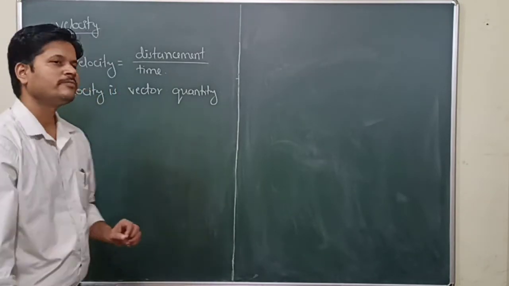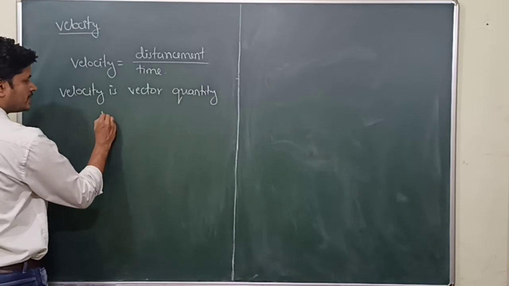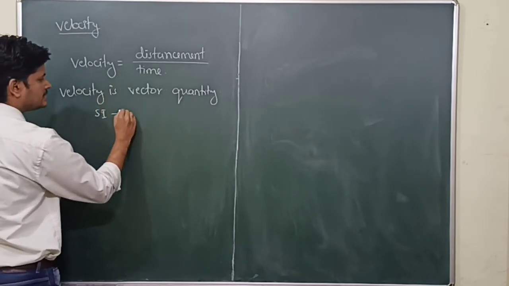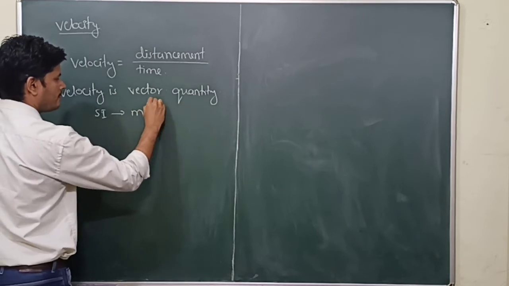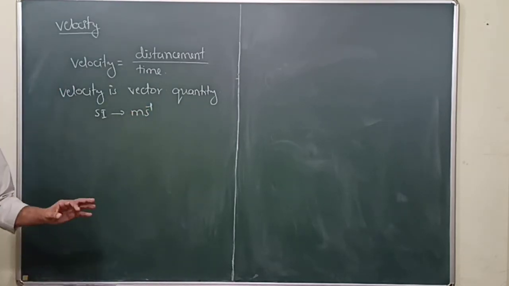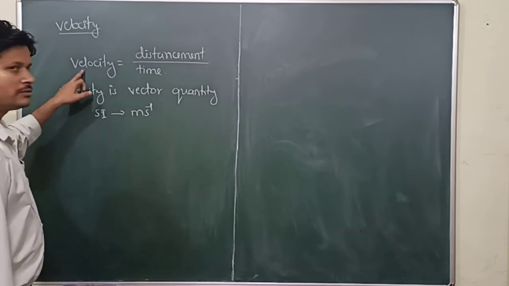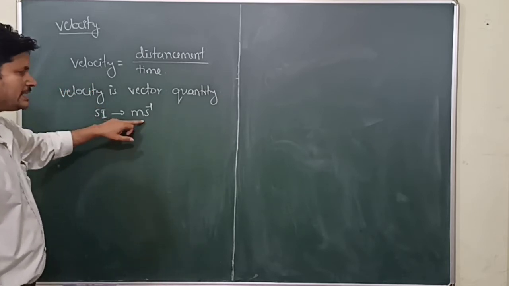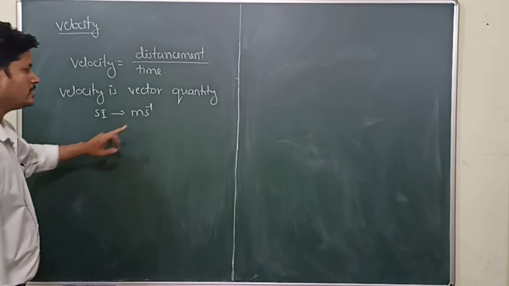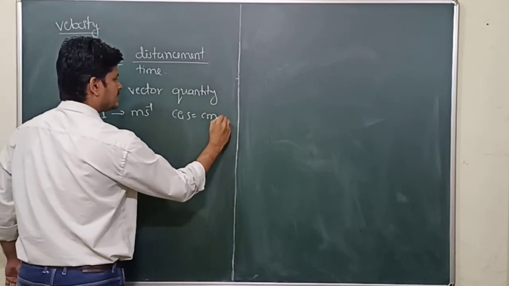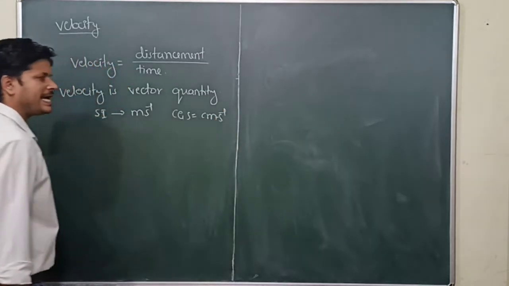The SI unit of velocity is meter per second, correct? Velocity SI unit is meter per second, or CGS unit is centimeter per second.